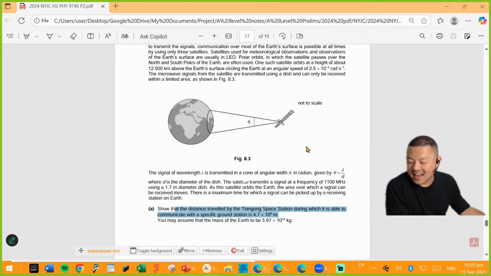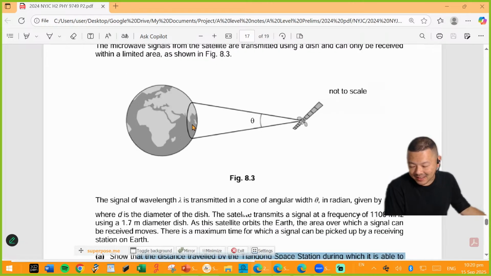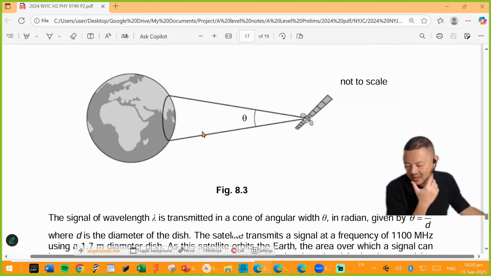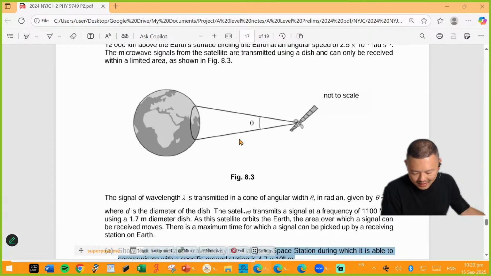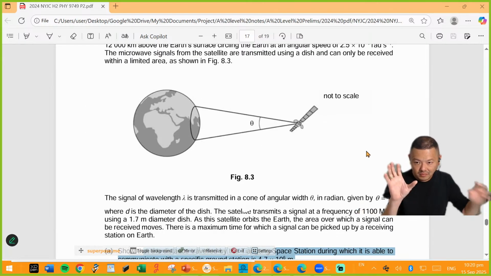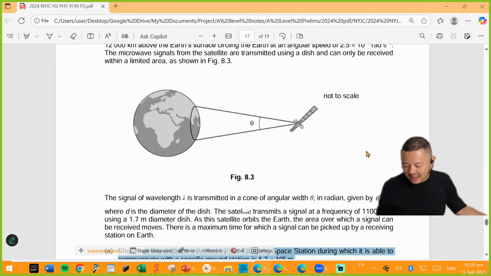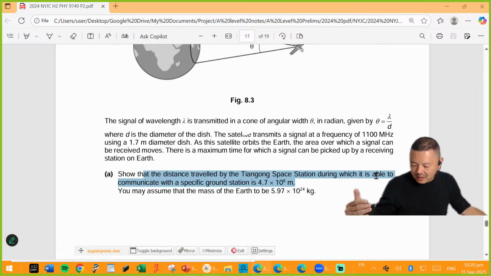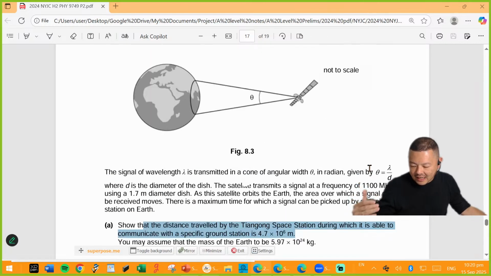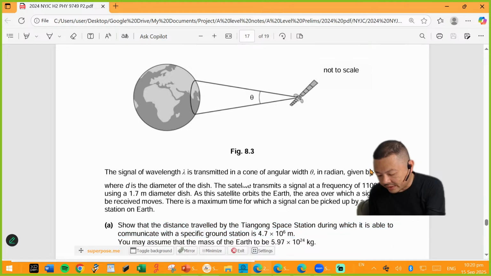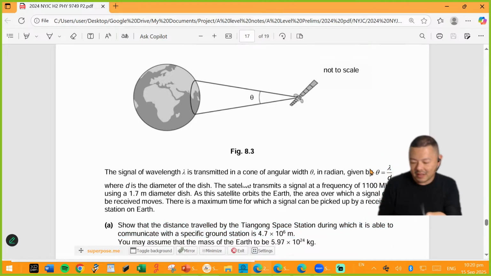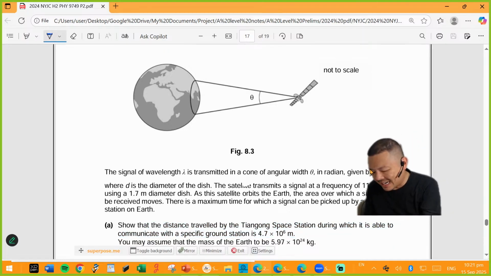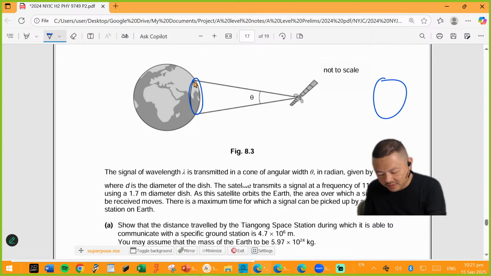For this particular question, the one thing that they are being annoying on is that they're talking about how the satellite can keep in communication with a certain point as the Earth rotates. Essentially, it's about the size of this communication field.